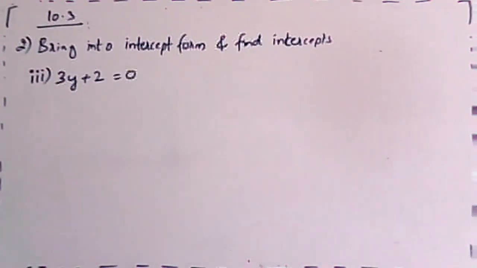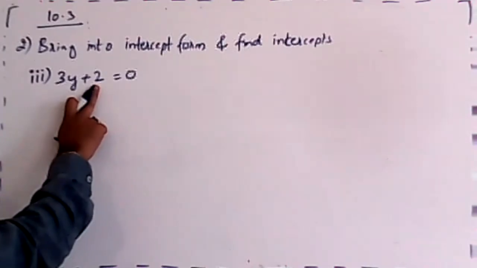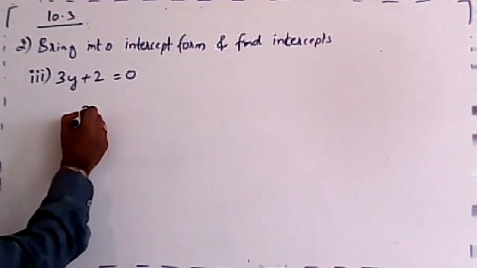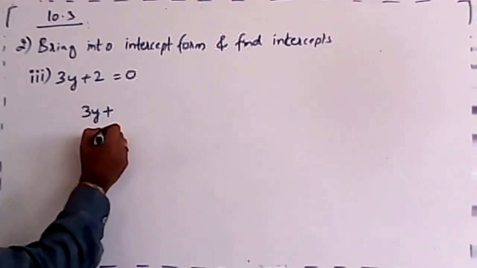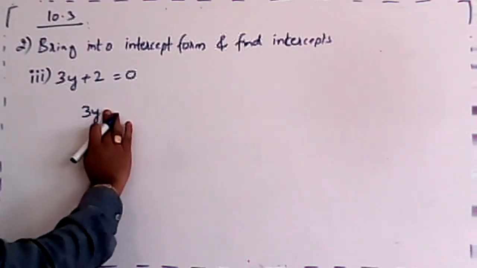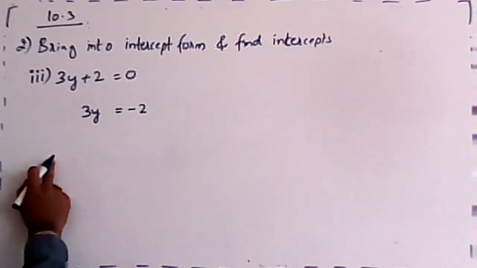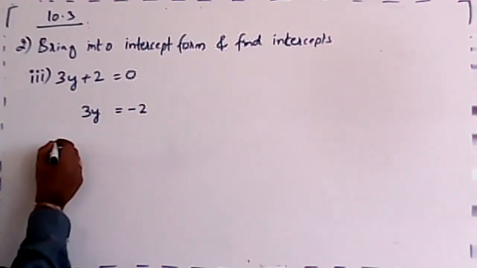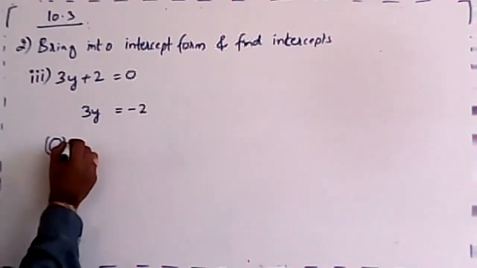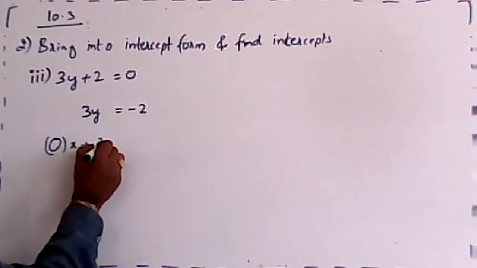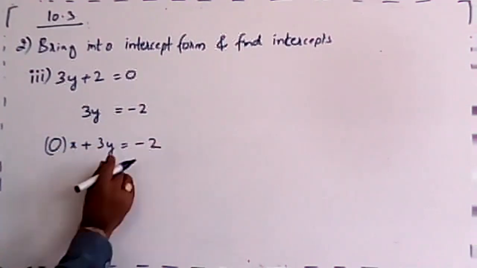Here it is a constant. There is no x at all. I will write it as 3y is equal to -2. How does it look now? It looks like 0 into x plus 3 into y is equal to -2.